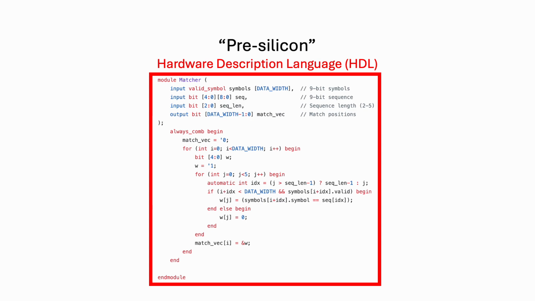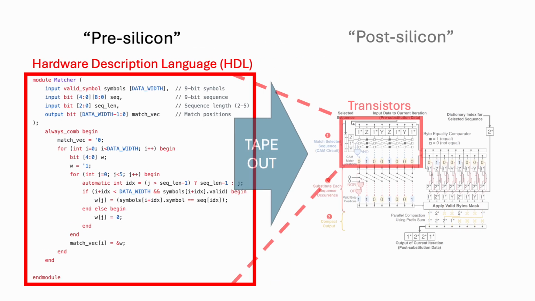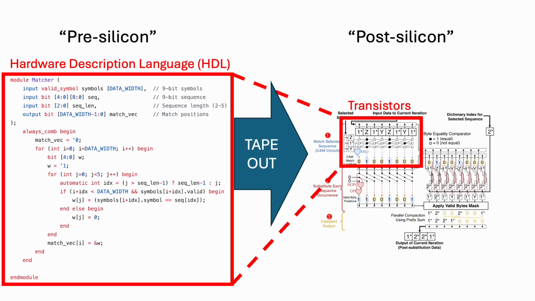People refer to this software side as pre-silicon because you can still patch things and fix bugs in that stage, but then there's a process called tape out where you're actually mapping this hardware description language to a netlist and then eventually transistors on an integrated circuit.